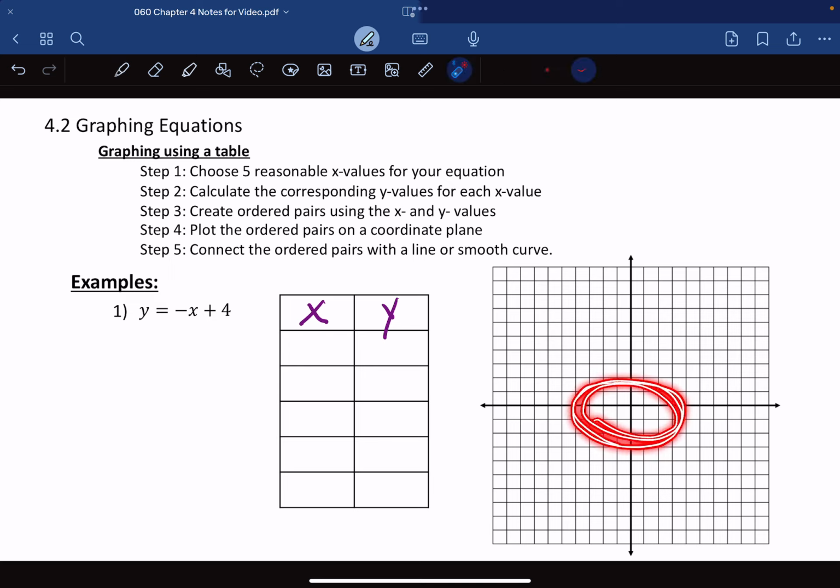So that's where I always start. You could change it however you would like, but this is where I suggest starting, kind of in the center, and then making adjustments as needed based on what your equation looks like, or what kind of answers you're getting when you are getting your answers.